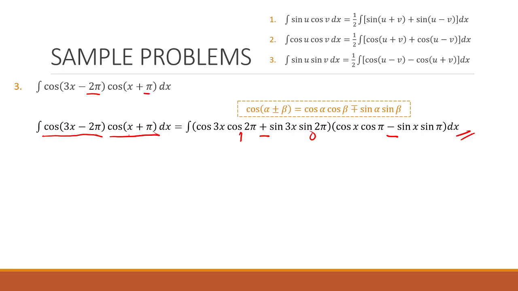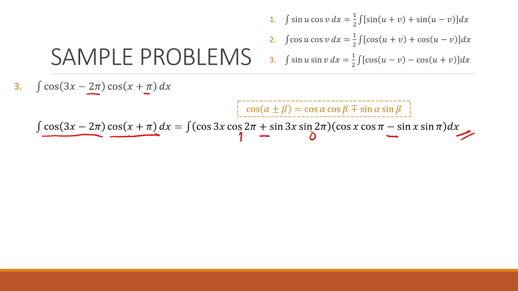For pi, the terminal side is on the negative x-axis, 180 degrees from the positive x-axis, since 180 degrees is the degree equivalent of pi. So for cosine pi, the corresponding ordered pair on the unit circle is negative 1, 0, since it is on the negative x-axis.